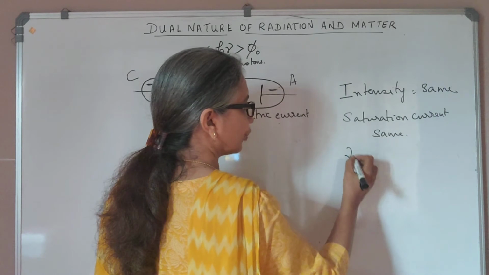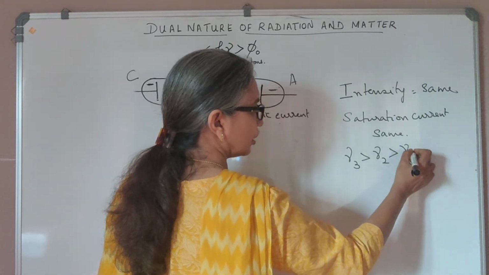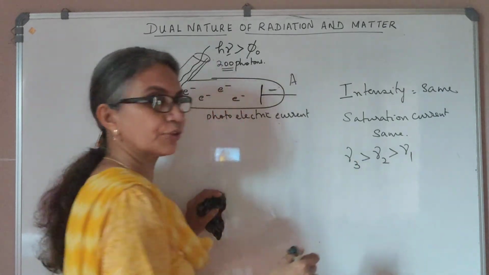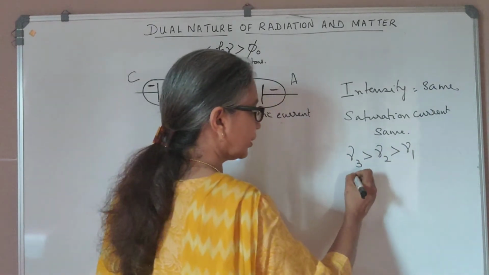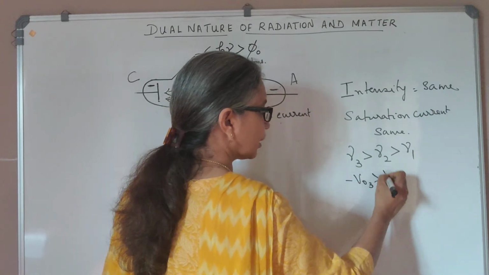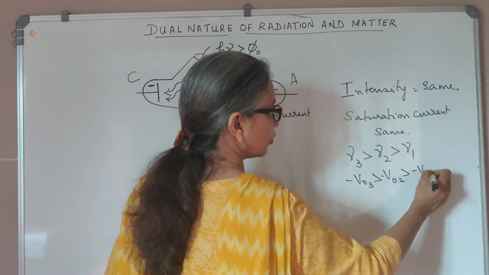But they have three different frequencies such that nu3 greater than nu2 greater than nu1. Greater the frequency, I told you, greater the kinetic energy, greater the stopping potential. So minus V03 must be greater than minus V02, which must be greater than minus V01.